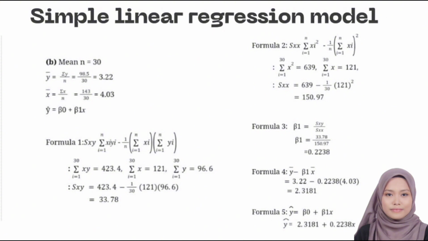150.97. Okay, for formula 3, beta 1 equals Sxy divided by Sxx, which is 33.78 divided by 150.97, which we get 0.2238.